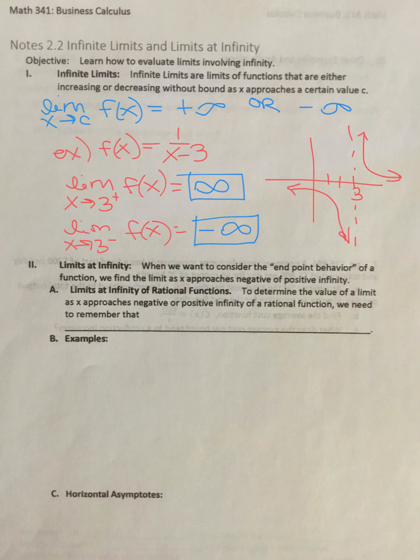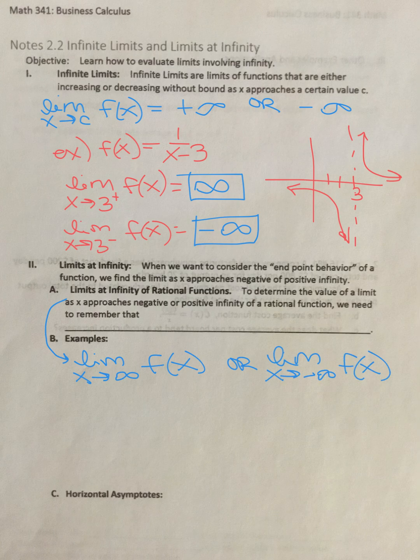Notation-wise, just really quickly on that, and I didn't really leave space for myself here, what we're looking at here is the limit as x approaches infinity of a function, or the limit as x approaches negative infinity of a function. And for us, we're normally looking at this one here.